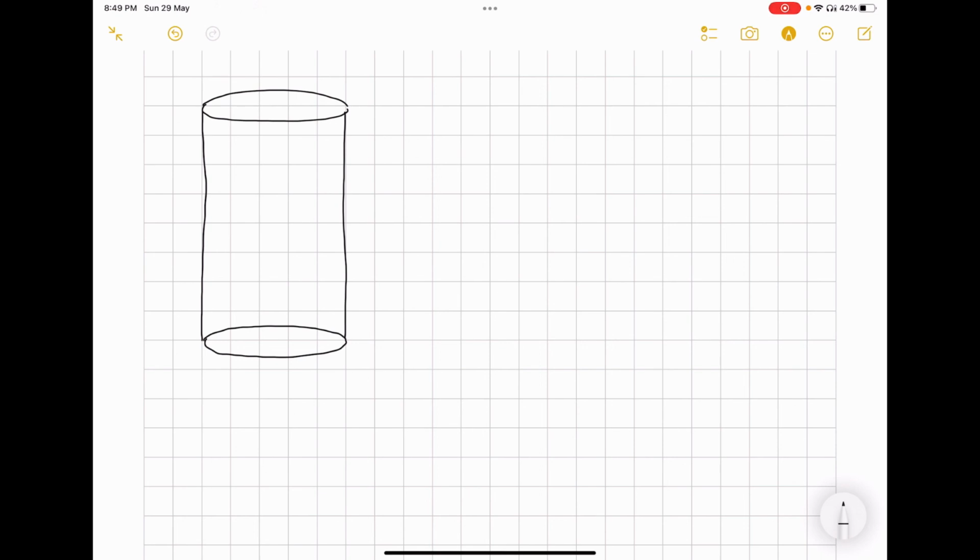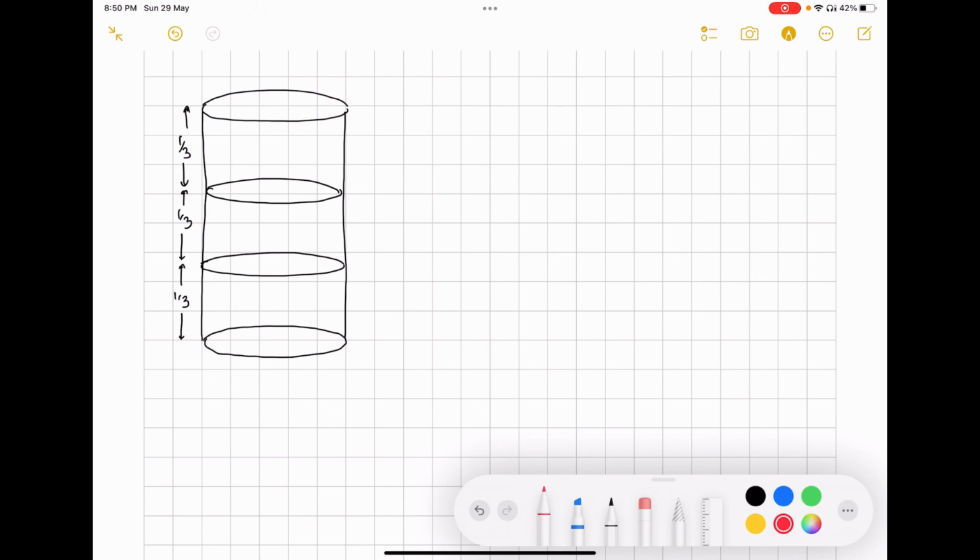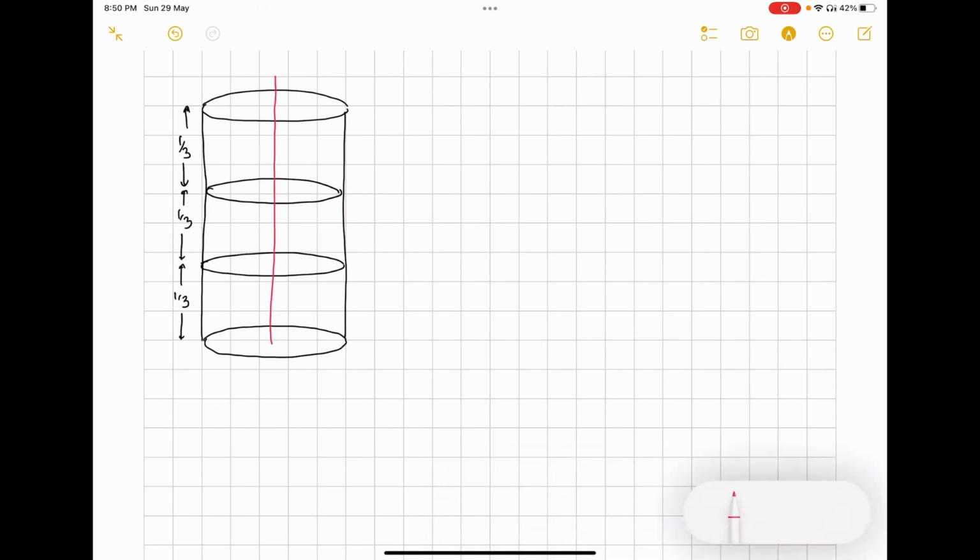Now I have to divide it into three equal parts. So let me draw one here and another one here. So this is a translation of 1 by 3, then 1 by 3, and then 1 by 3. And this is the axis in the middle, and the symbol is a triangle with a sense of rotation. Suppose it has anti-clockwise rotation.